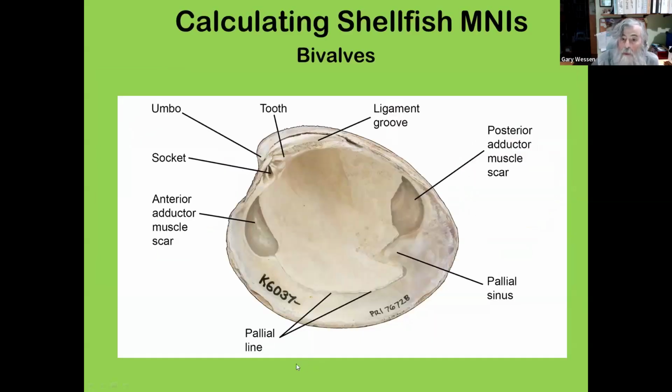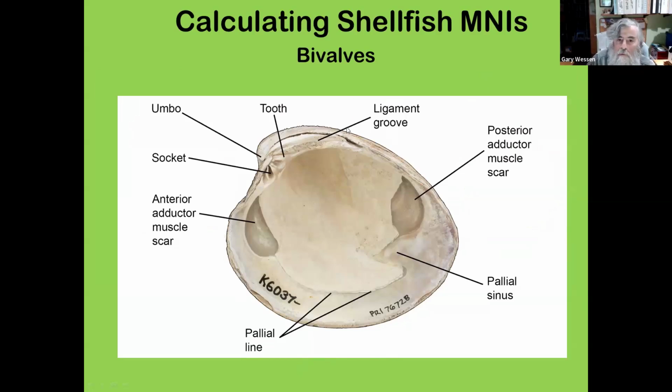And that lines up with the pallial sinus. That's the clam's anus. It's the clam's organ of excretion. Everybody's got one. And so obviously the pallial sinus is posterior. And the side that doesn't have the pallial sinus is anterior.